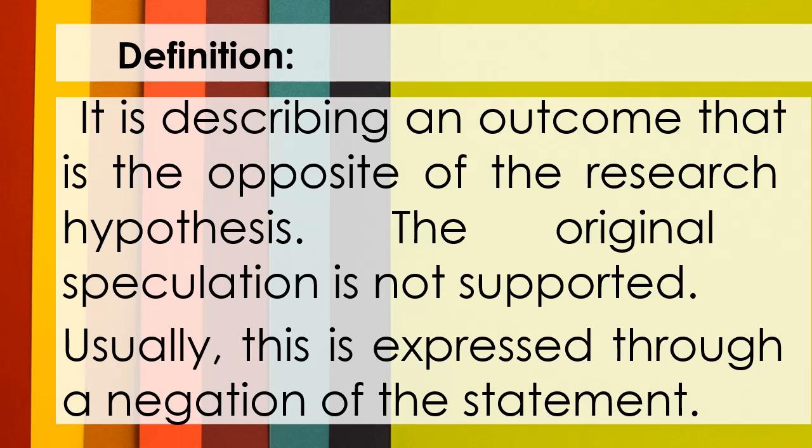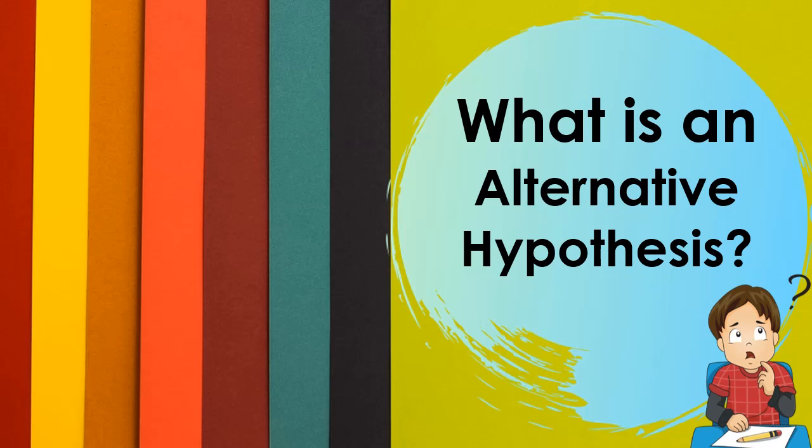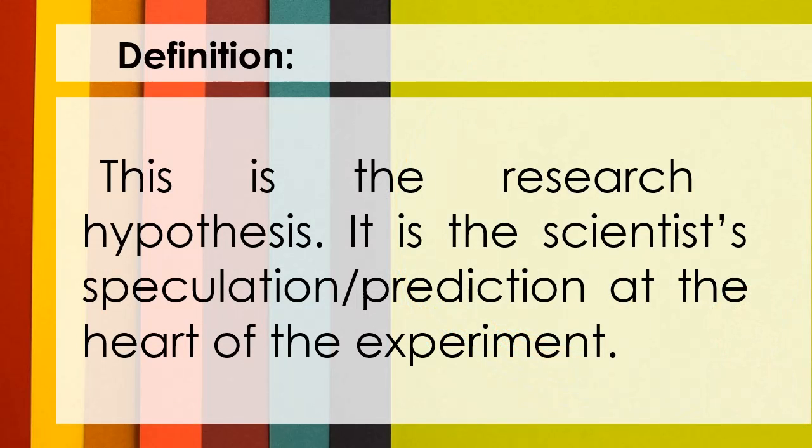Example: there is no significant difference in groups, or more generally, that there is no association between two groups. What is an alternative hypothesis? Alternative hypothesis is the research hypothesis. It is the scientist's speculation or prediction at the heart of the experiment.